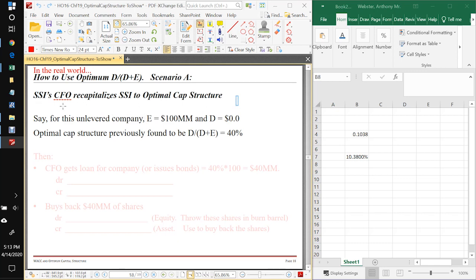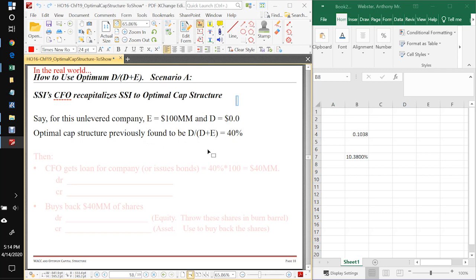So SSI's CFO asked us to do this because she is interested in actually getting an optimal cap structure for the firm. And so let's say that the market value of the equity is 100 million and the debt of the firm, as we know, is 0 when she gives us this assignment. And we found for her that the optimum capital structure is 40%.